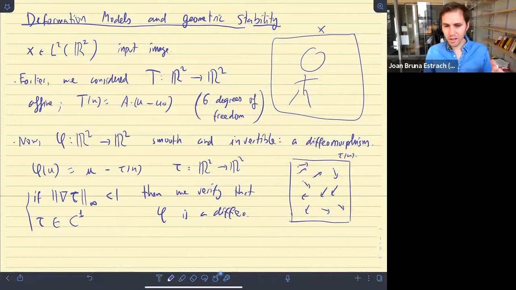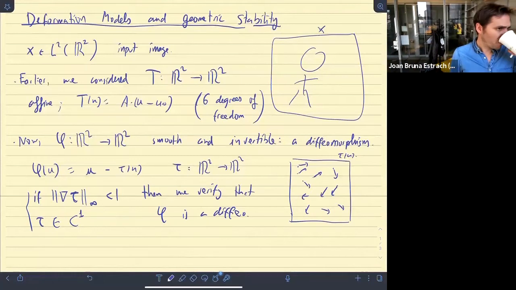Okay, it means that it's smooth and it has an inverse, and the inverse is also smooth.